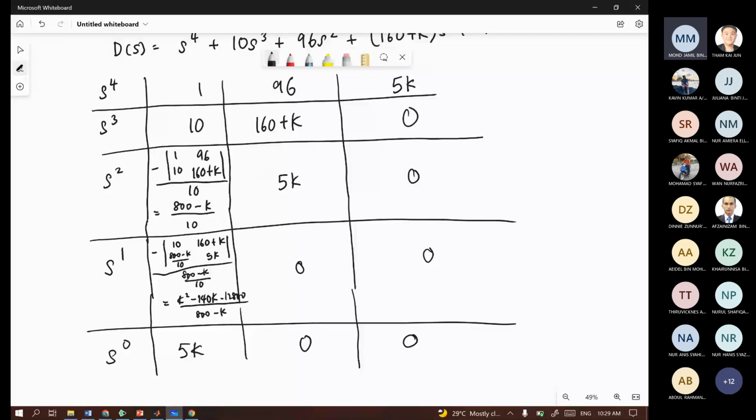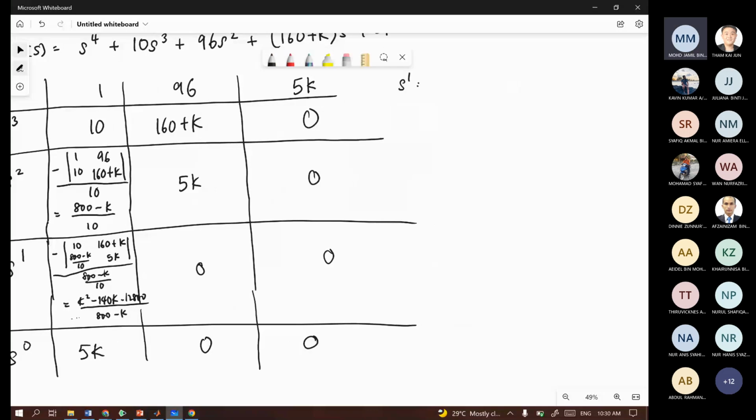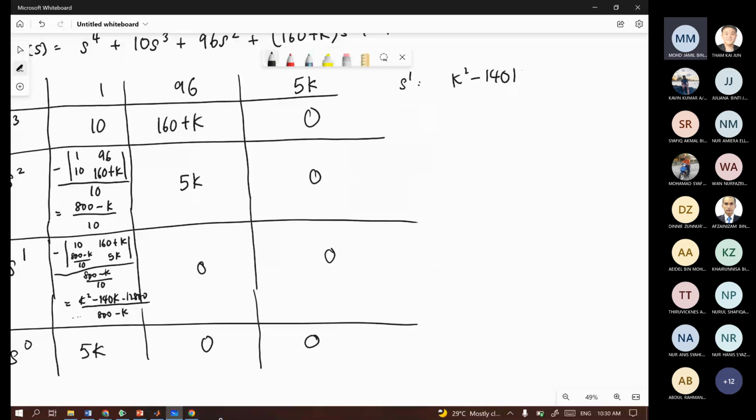Then to find the K value at the j omega axis crossing, you use S1. So from S1, solve this value here, equal it to 0. You get K squared minus 140K minus 12,800 equals 0.